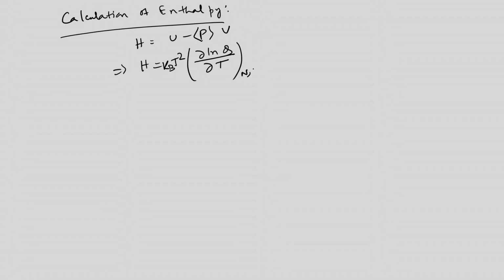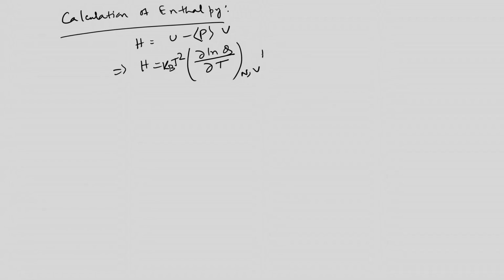So, we know enthalpy H is U plus PV, and we know the value of U. U is nothing but minus del ln Q by del beta, or if we differentiate with respect to T, then we do not have the minus sign, we have Kb times T squared, keeping N and V constant.